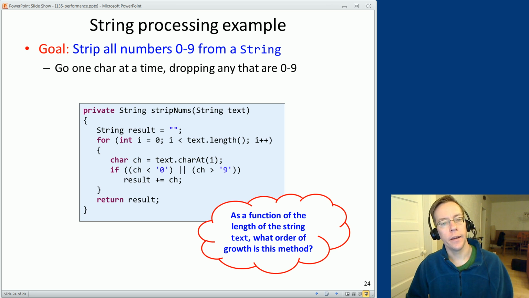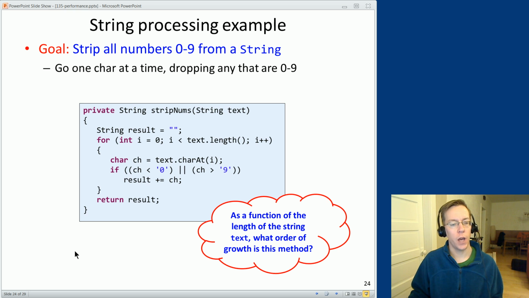Here's another example, and it's not always as clear cut. So don't think it's necessarily clear cut. You can look at this code and say, oh well, this is clearly order of growth n, because there's only one loop, and it goes from 0 up to the length, so as a function of the length of this string, this is an order n algorithm.